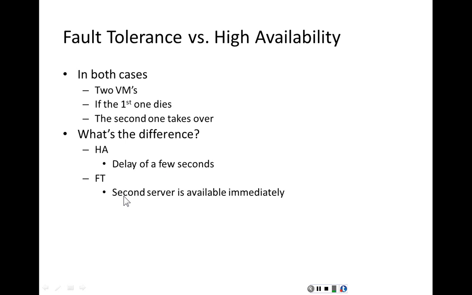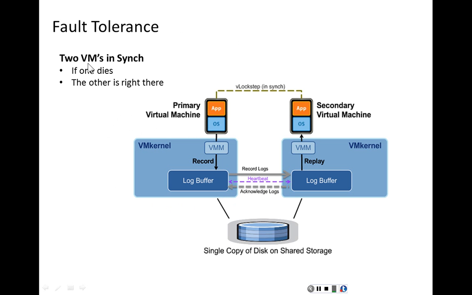Very similar. But with high availability, there's a delay of seconds or a couple minutes, but with fault tolerance, the second server is available immediately. Two virtual machines are in sync. If one dies, the other one is right there. What keeps them synced up is what we call lockstep technology, and this synchronizes the RAM of the first virtual machine with the RAM of the second virtual machine. So if either one crashes, the other one is there.